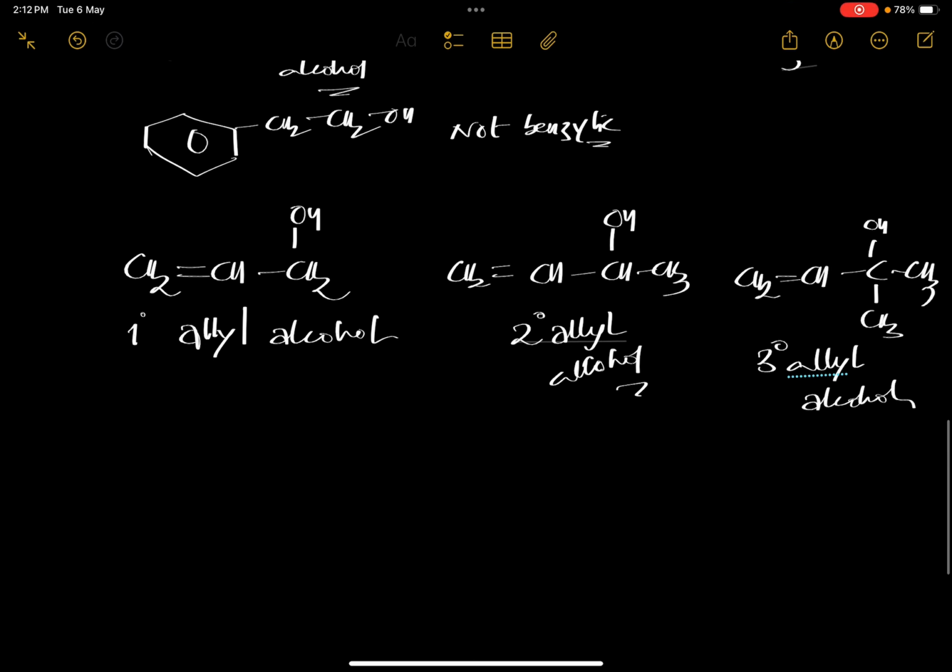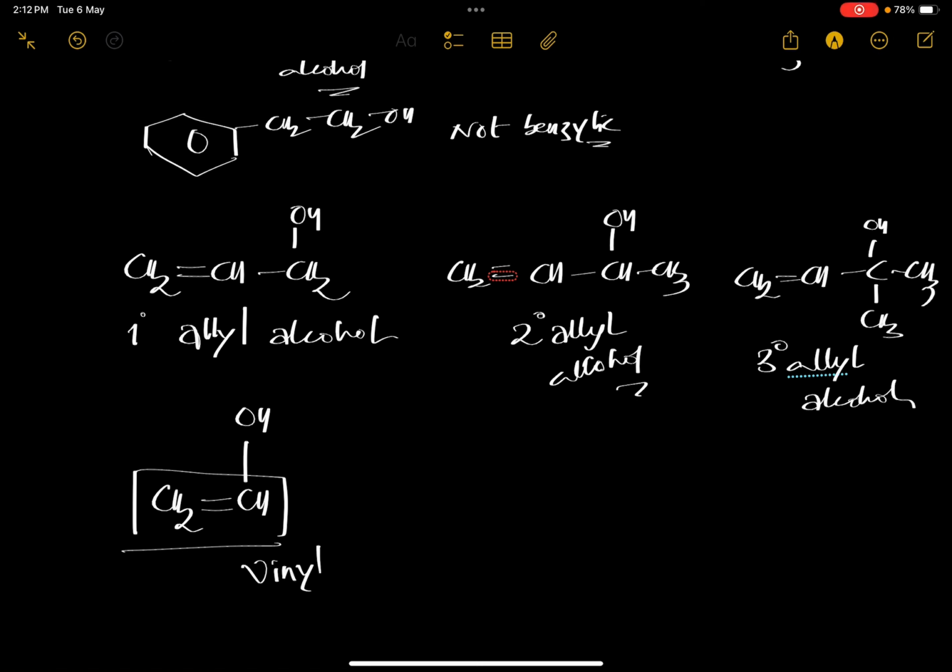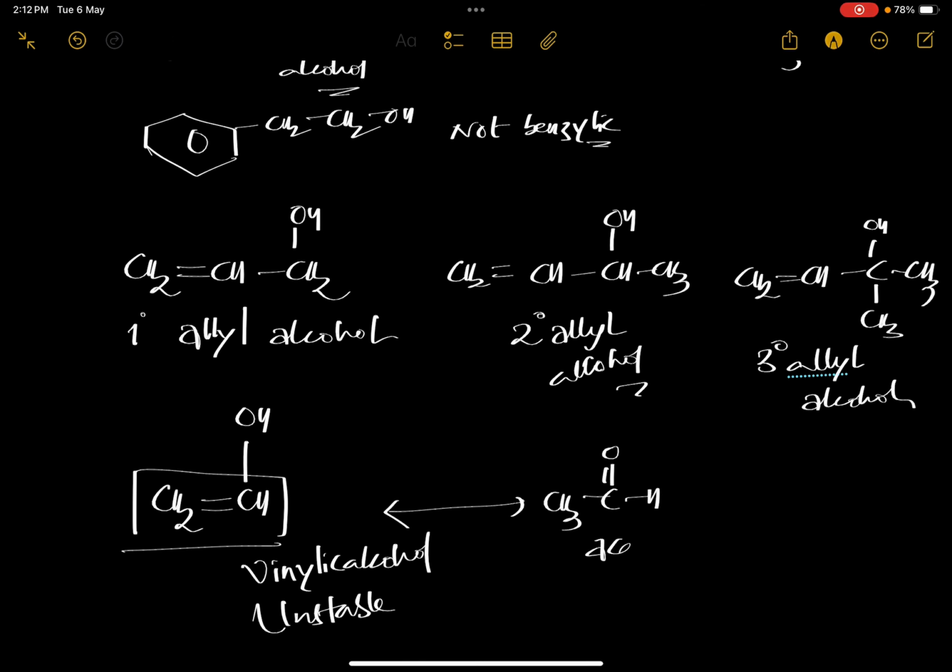And the interesting one is CH2 double bond CH. If OH is attached here, this is vinylic alcohol. Actually, vinylic alcohols are unstable, highly unstable. They undergo change to form CH3CH, here it is acetaldehyde.